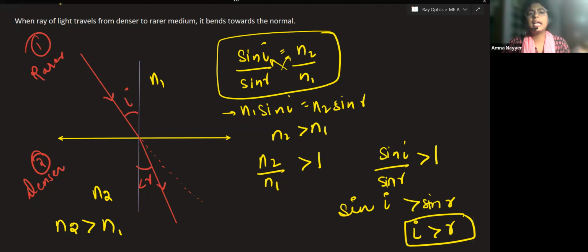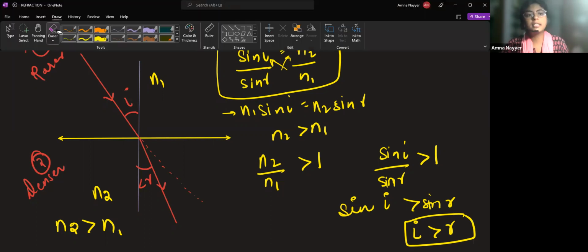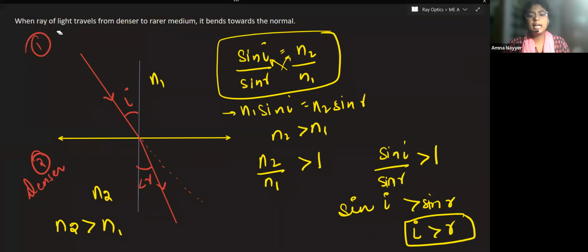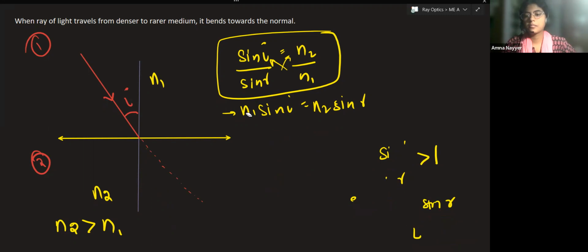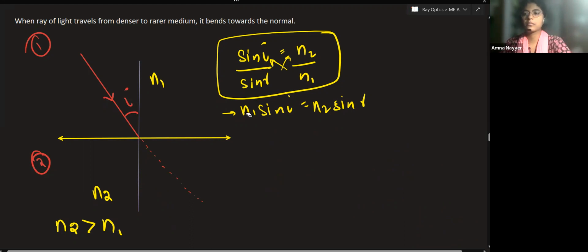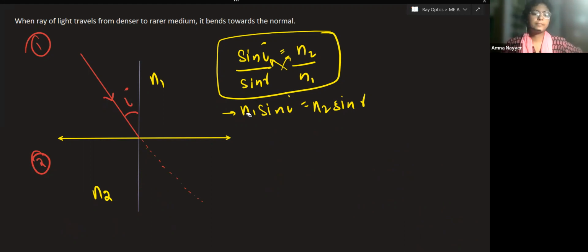Now see if the light travels from denser to rarer medium. Now your this medium is rarer and this is denser. See the changes that will come.